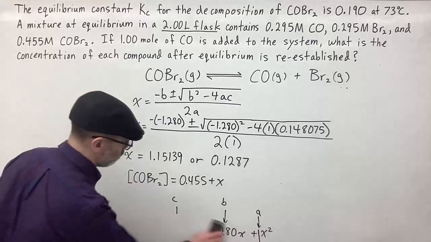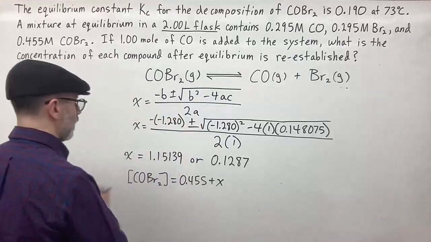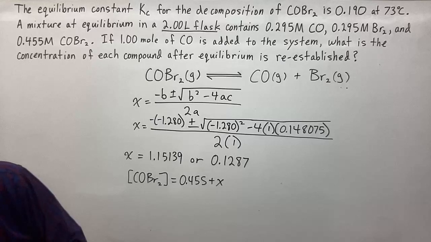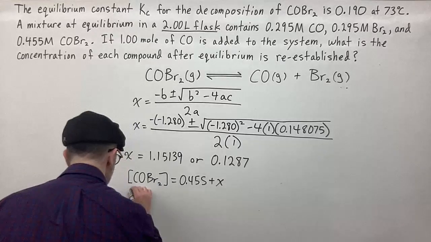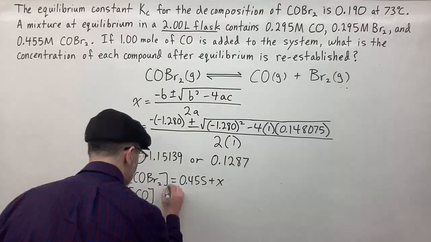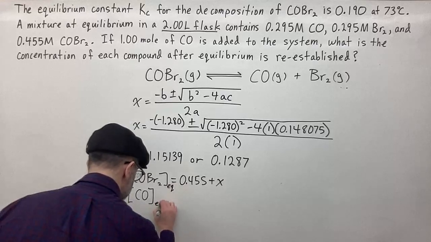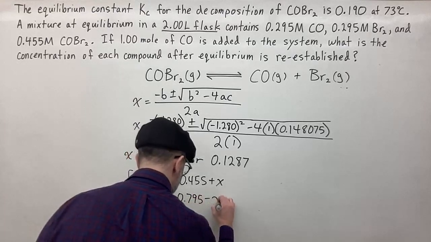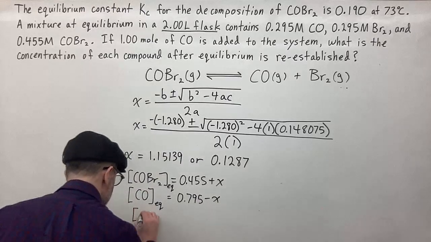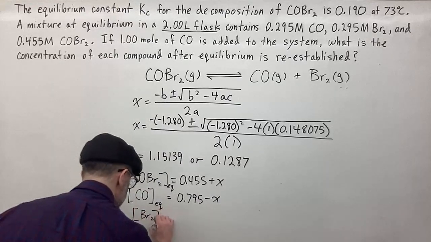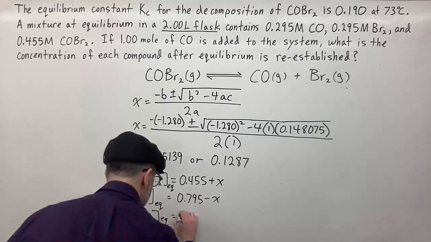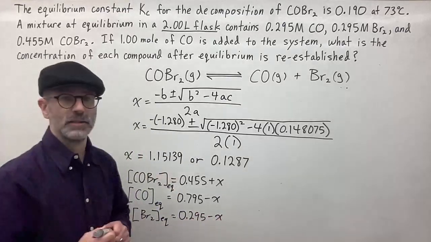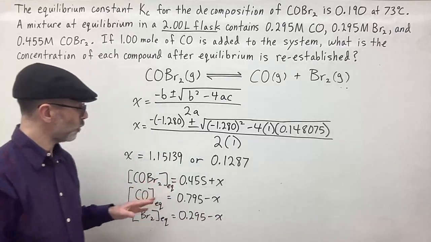We don't need this anymore, so let me get the space. And then the equilibrium concentration of CO was 0.795 minus x. And then the concentration of Br2 at equilibrium was 0.295 minus x. And so right away, hopefully you can see which one makes the most sense.